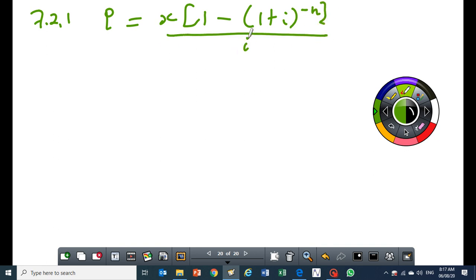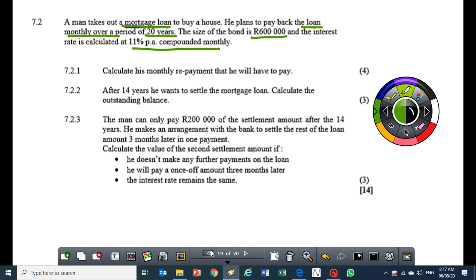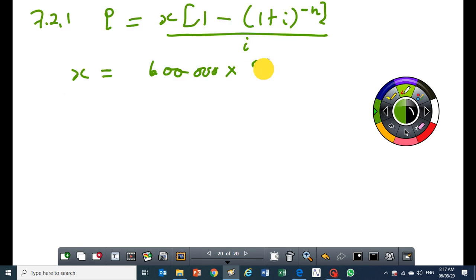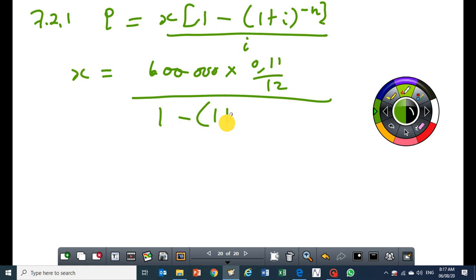We want X, so our X is going to be 600,000 times 0.11 over 12, all over 1 minus (1 plus 0.11 over 12) raised to the power of minus n. Now, your n is going to be 20 years times 12, which gives you 240.